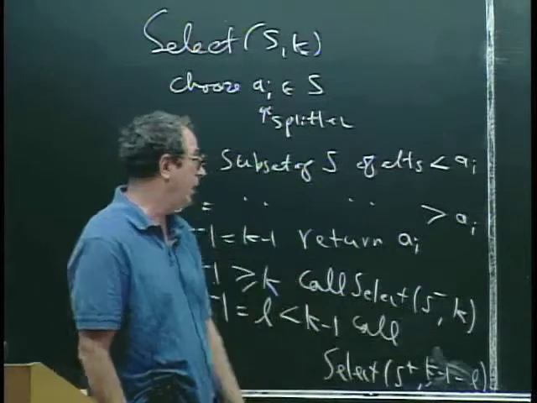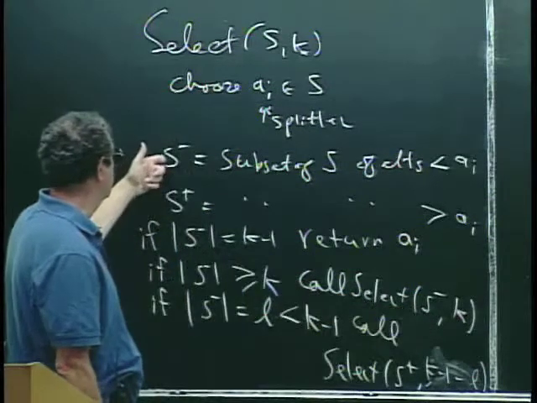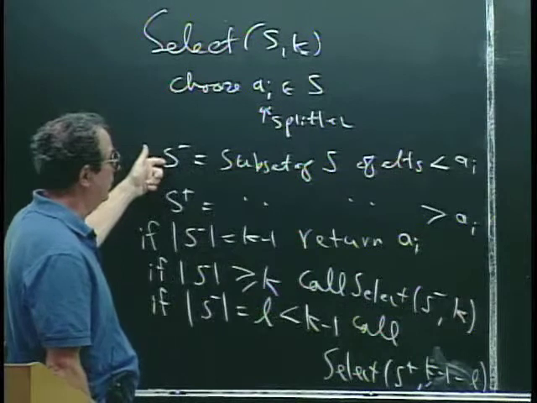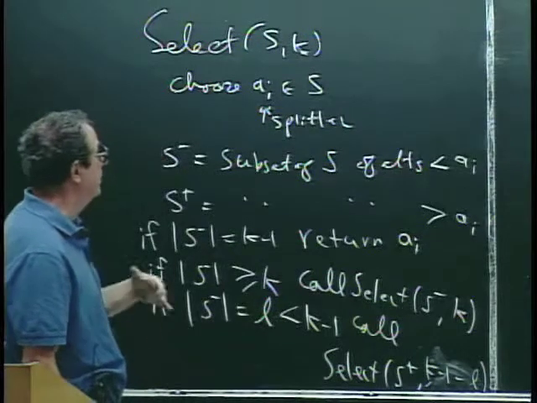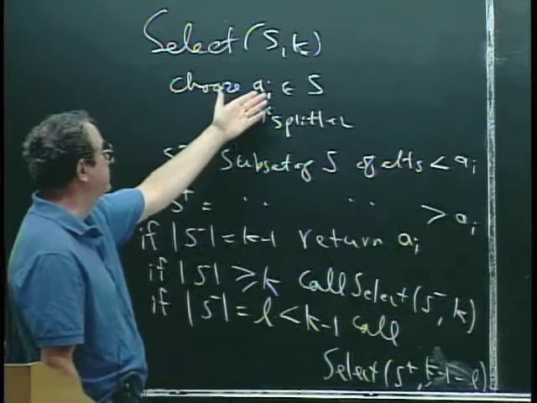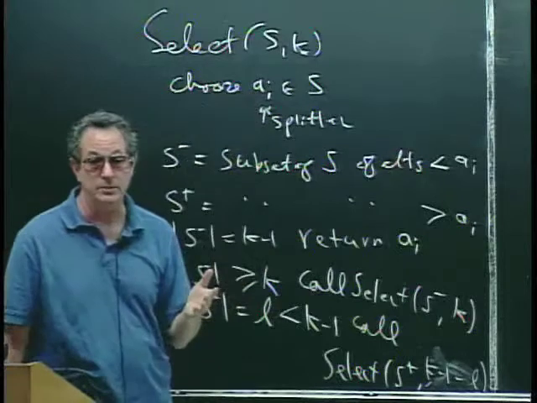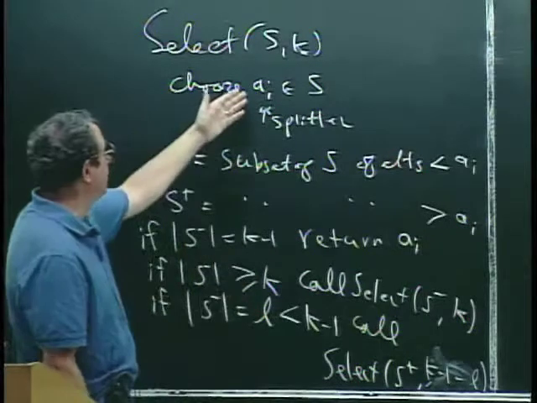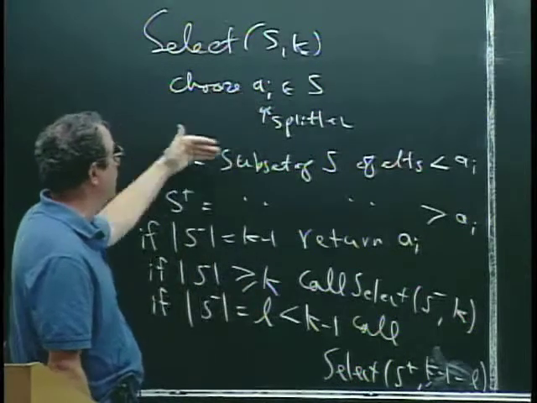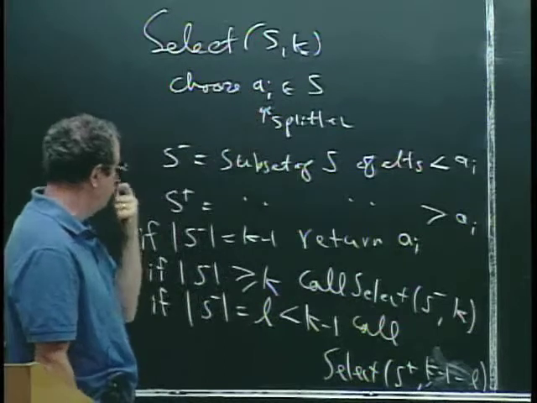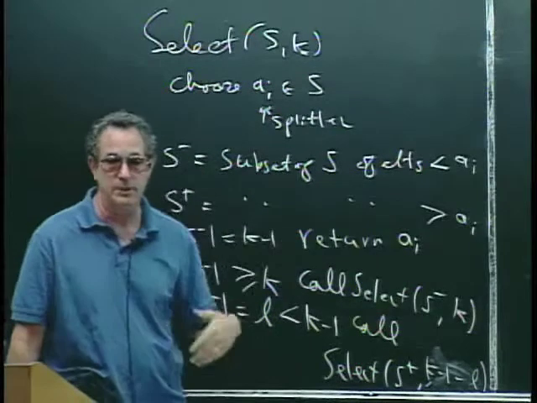Okay, and the work that's required to find S minus is, as I said, an explicit comparison of a_i to every element in S. And so the number of comparisons the first time is n, if that's the size of S, and the next time it's n minus 1, and the next time n minus 2, and so on.